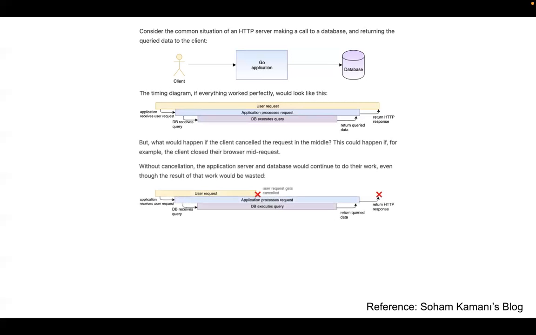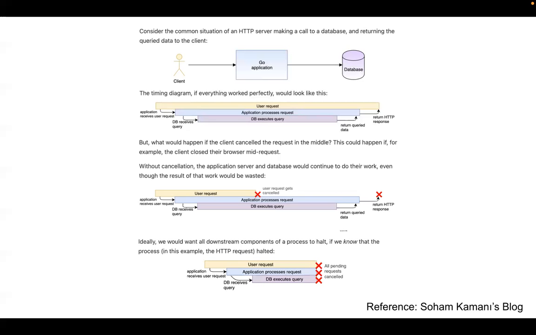But in some cases, maybe the user wants to cancel the request. Maybe he has a bad internet connection and doesn't want to wait 10 seconds to see his followers. In this case, if you don't stop the application process after the user cancels the request, you will spend a lot of time on the application process and database query, and we basically don't want this.